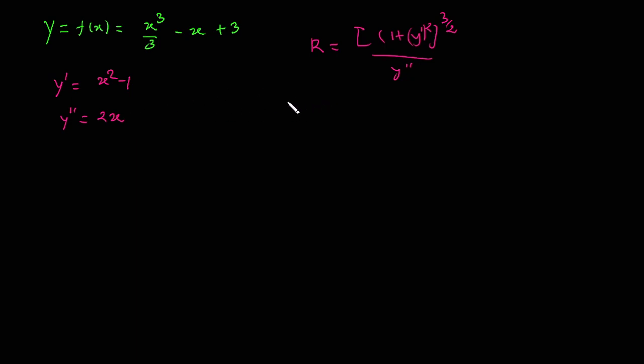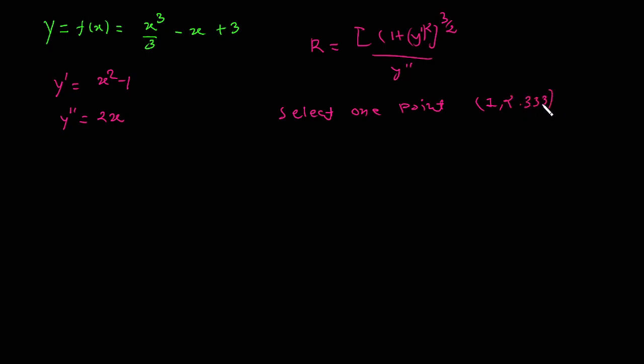Now again we have to select one point on the xy axis. I am selecting x as 1. Now put x as 1 in this equation, and let's check what we are getting. We are getting the value of y as 2.33, that is 2 and 1 by 3.